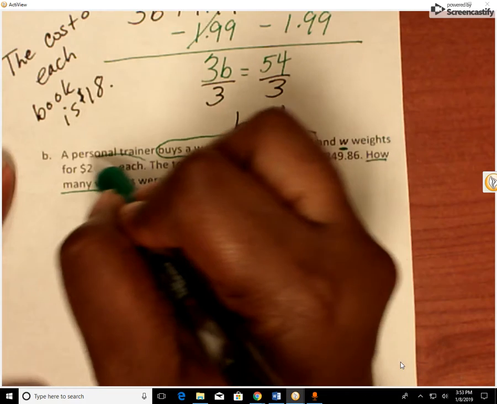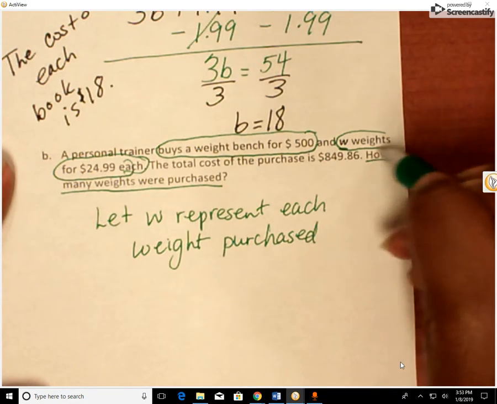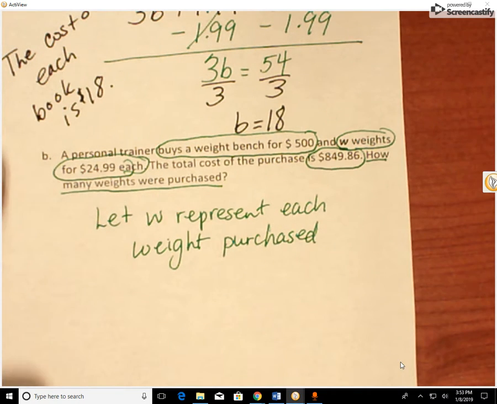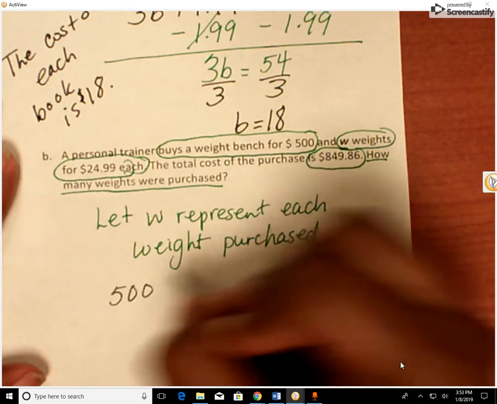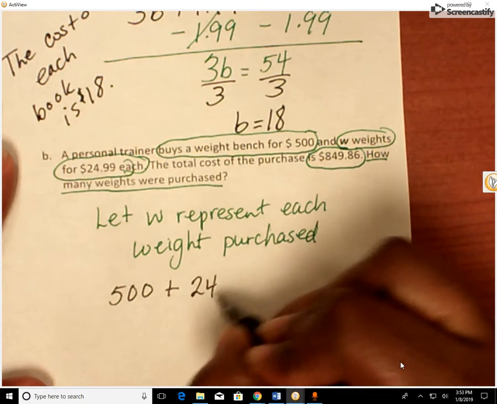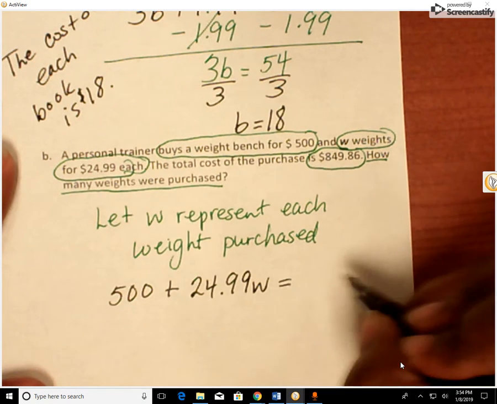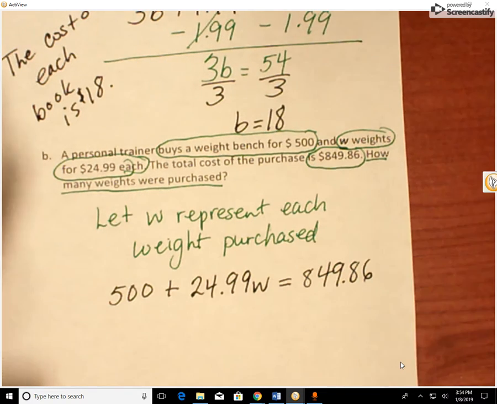We know that each of the weights are $24.99, and he spent a total of $849.86. So that is going to be your equal. So first he bought a weight bench, which is $500, plus $24.99 W, because that's where your weights are, and then equals $849.86.